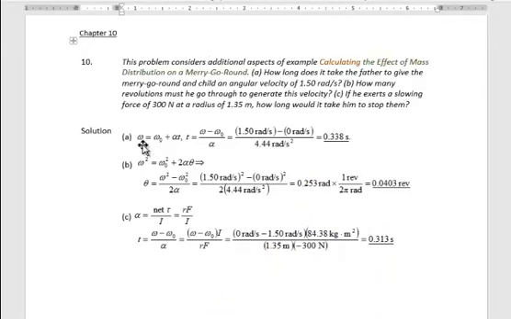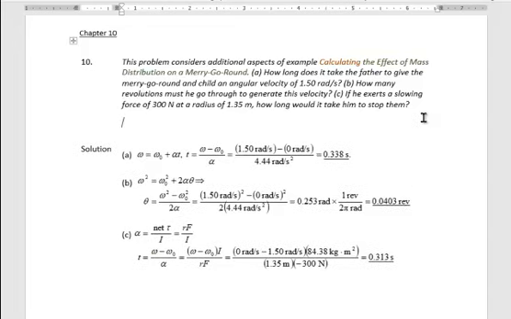For part A, we actually just need one of the kinematic equations for rotation. It starts from rest, that's the omega 0, and then we have a certain acceleration, which is not given, I just noticed. So I actually need to put something in here before they do that.